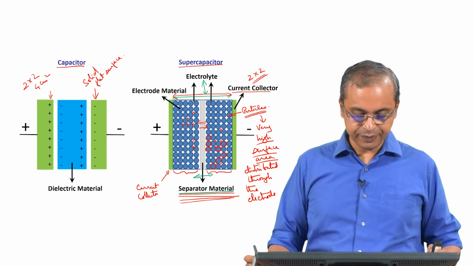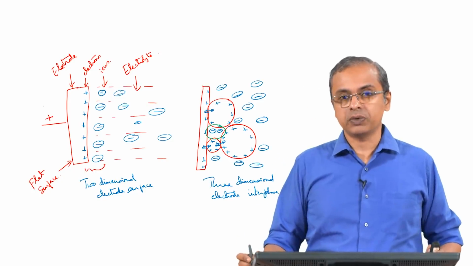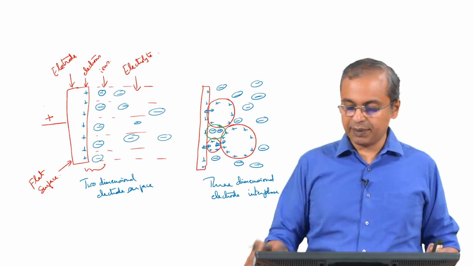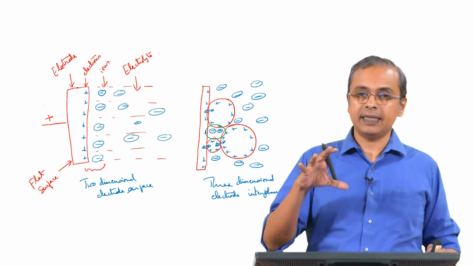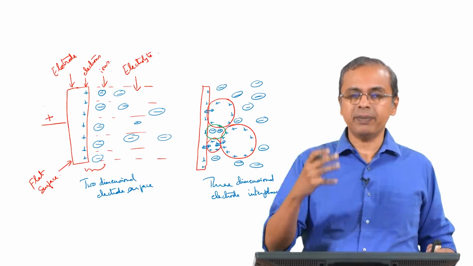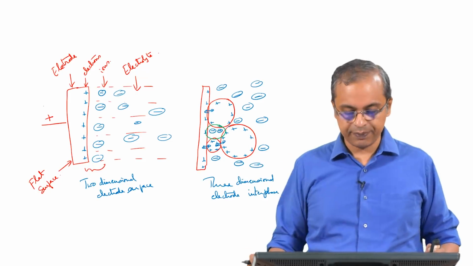Okay. So, that is how the supercapacitor creates a situation where you have a much higher surface area, and because the charging process fundamentally depends on that surface area, the amount of charge it holds goes up in a big way.